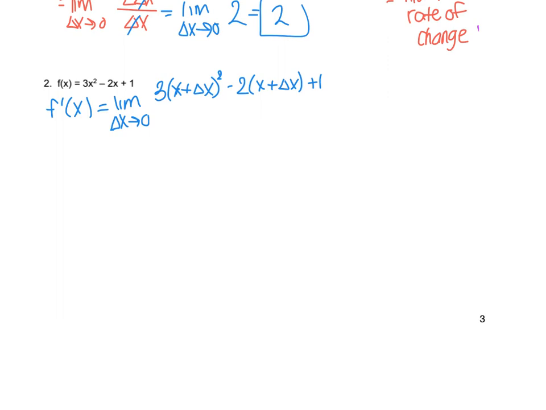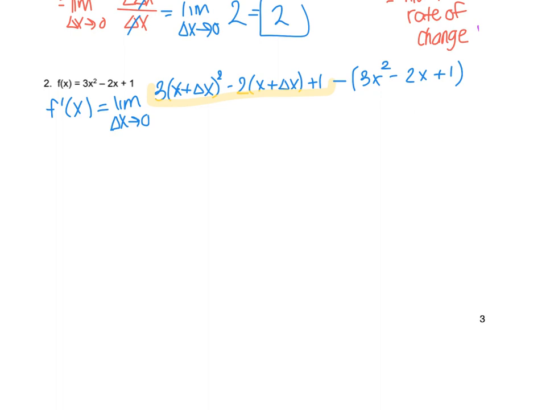So first, this is f of x plus delta x. The next part of the formula is to subtract f of x itself. So now I'm going to subtract f of x, which is just the entire function 3x squared minus 2x plus 1. So that is the minus f of x.